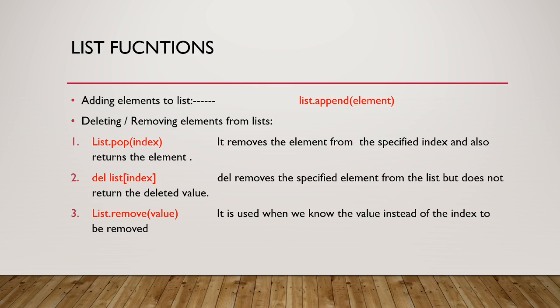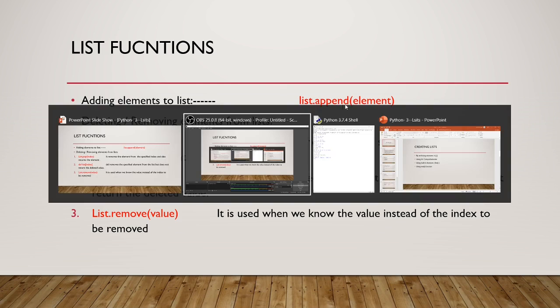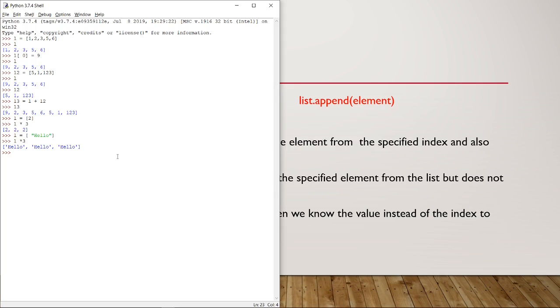First one is how to add elements to the list. For that we use list.append. So append is a function that is used to add elements at the end of the list. Here we can see L2 is the list 5, 1, 123. What we have to do is just L2 dot append and the element we want to add, like we want to add 8.